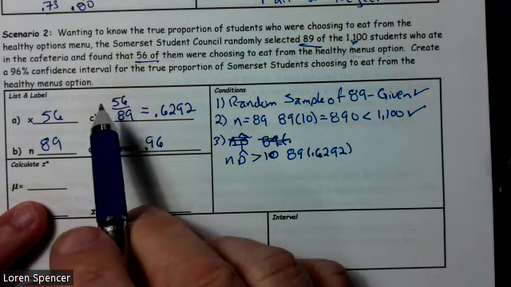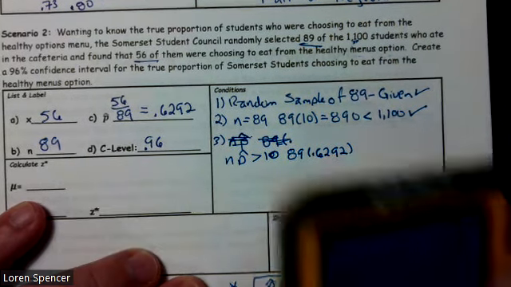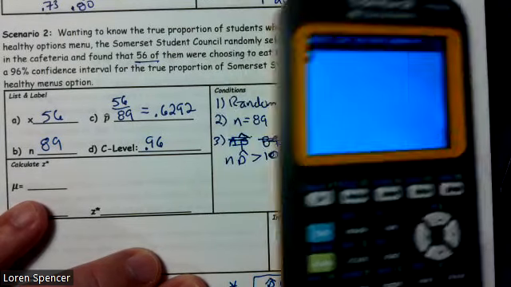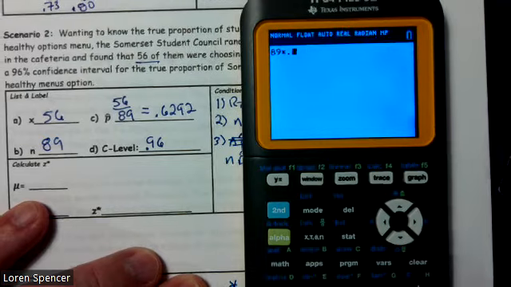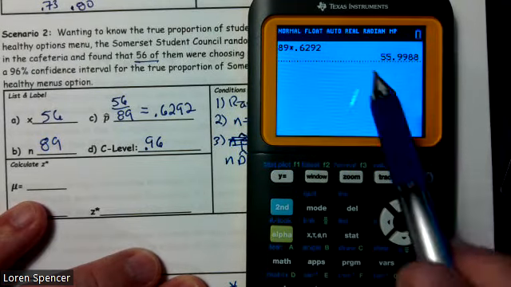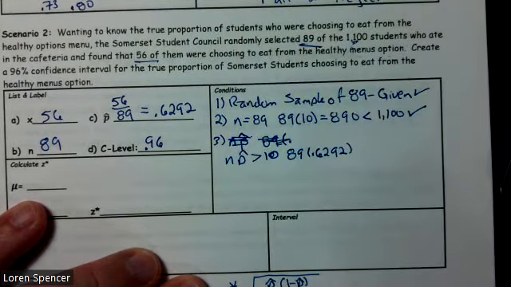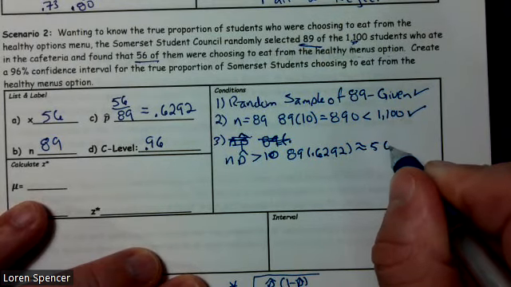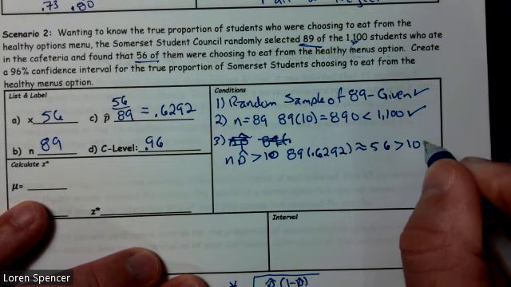Well, I already know that this is going to be approximately 56, but let's go ahead and do that. So 89 times 0.6292. Oh, there it is, 56. Is approximately 56, and that's greater than 10.